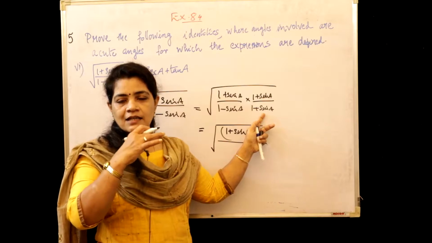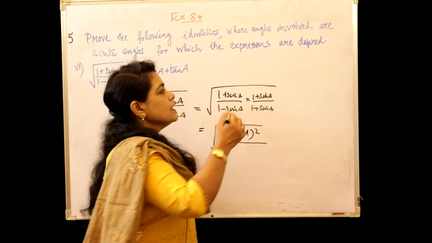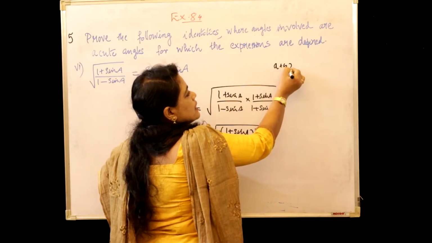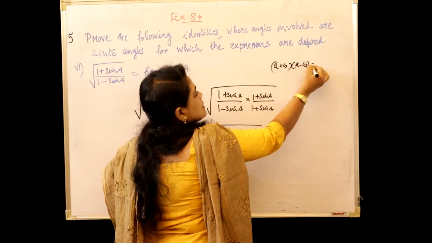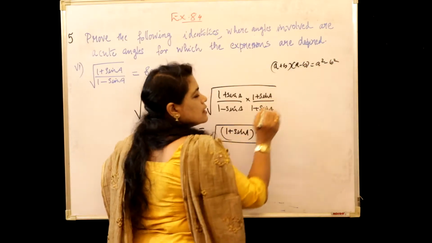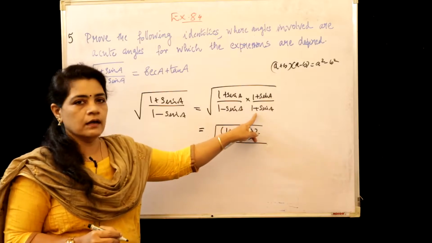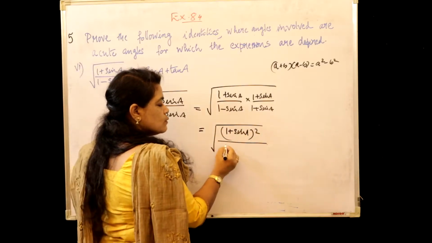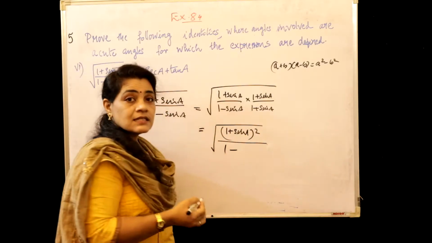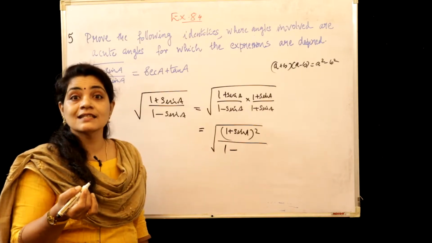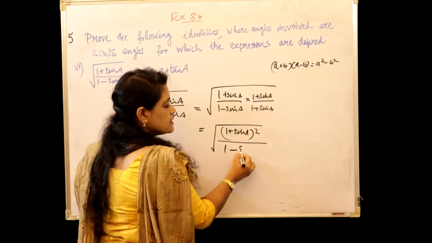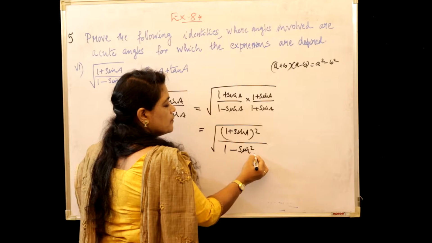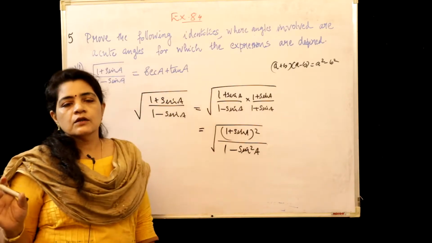That is a minus b into a plus b, which is a square minus b square. Here a is 1. 1 square is 1 itself, minus sin a whole square, that is sin square a. Is it okay?